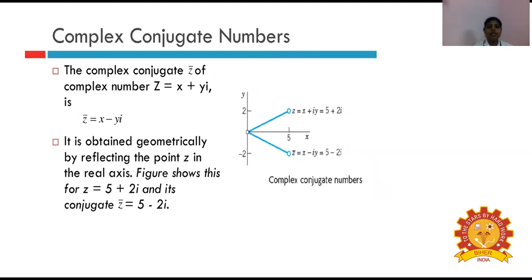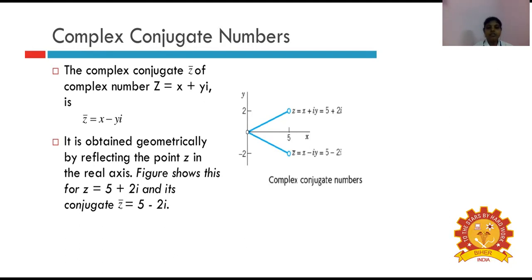Next, complex conjugate numbers. The complex conjugate Z bar of complex number Z equal to x plus iy is Z bar equal to x minus iy. It is obtained geometrically by reflecting the point Z in the real axis.